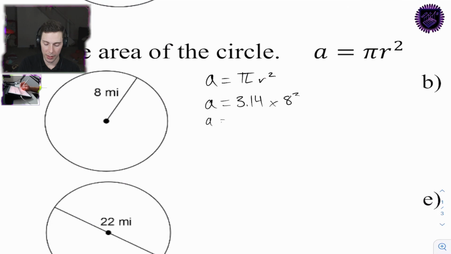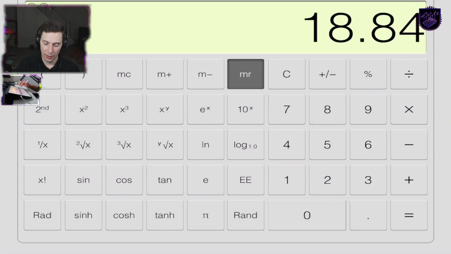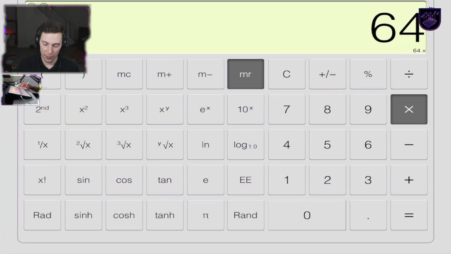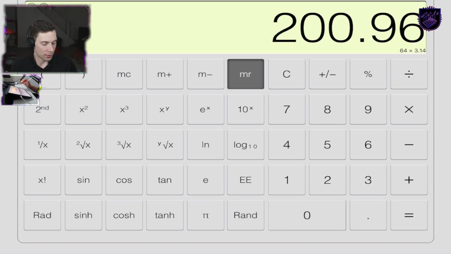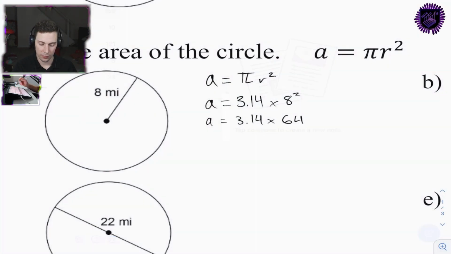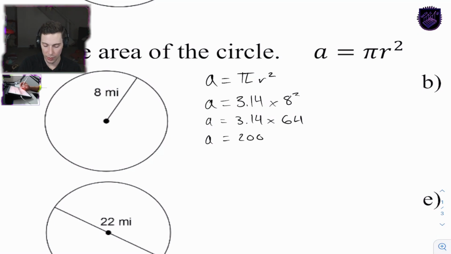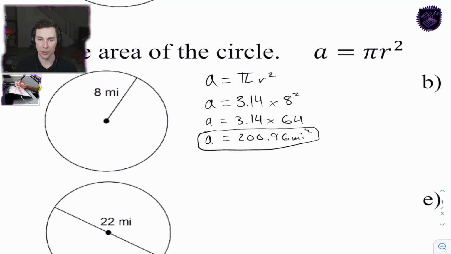Our area will be equal to 3.14 times 64. 64 times 3.14 is equal to 200.96. Area is equal to 200.96 miles squared. The answer, I'm sure, rounds up to 201, but that's okay.